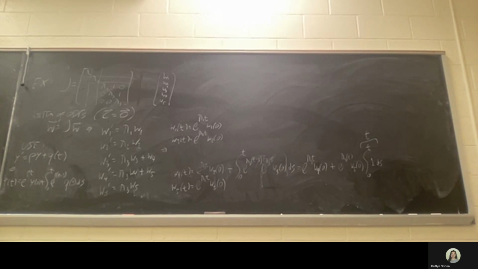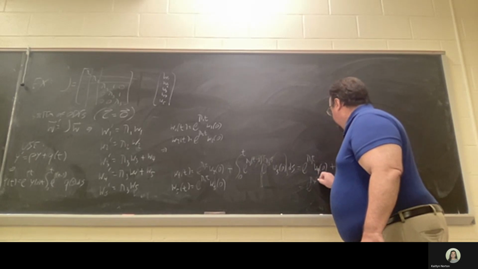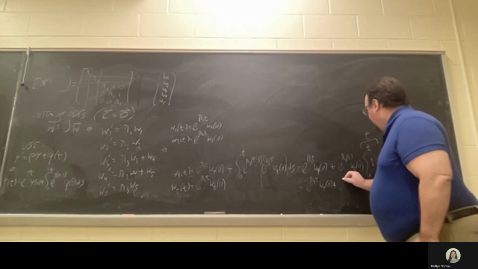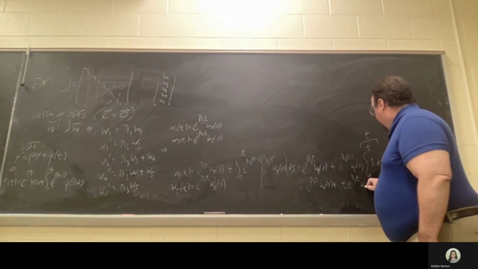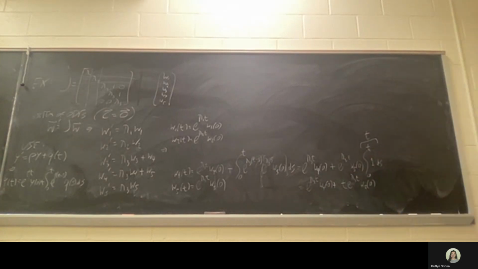So now w4 is completed. I'll just write down the final thing here: plus t e to the lambda 3t w5 of 0.